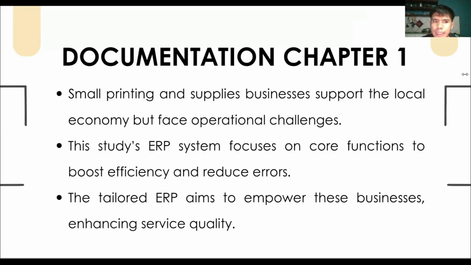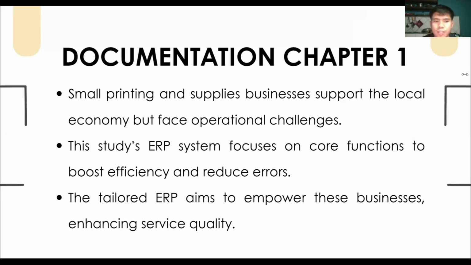Next will be the documentation part, which starts with chapter 1. Here is the summary of chapter 1 based on the draft we made earlier. Small printing and supply businesses support the local economy but face operational challenges.